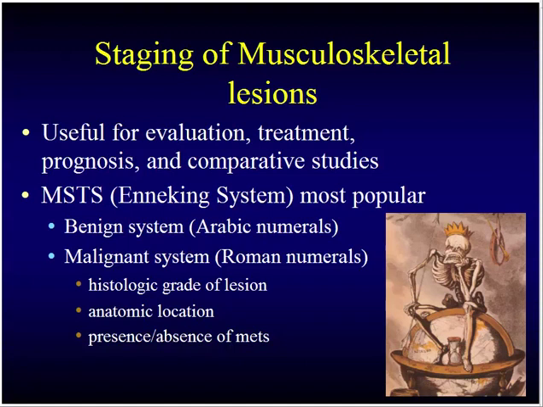We stage lesions, so it will help us kind of evaluate apples to apples to identify treatment and to identify prognosis. And what we use mostly is the Enneking system, which includes Arabic and Roman numerals for both benign and malignant systems. I know you all have seen this. We'll just cover it very briefly.